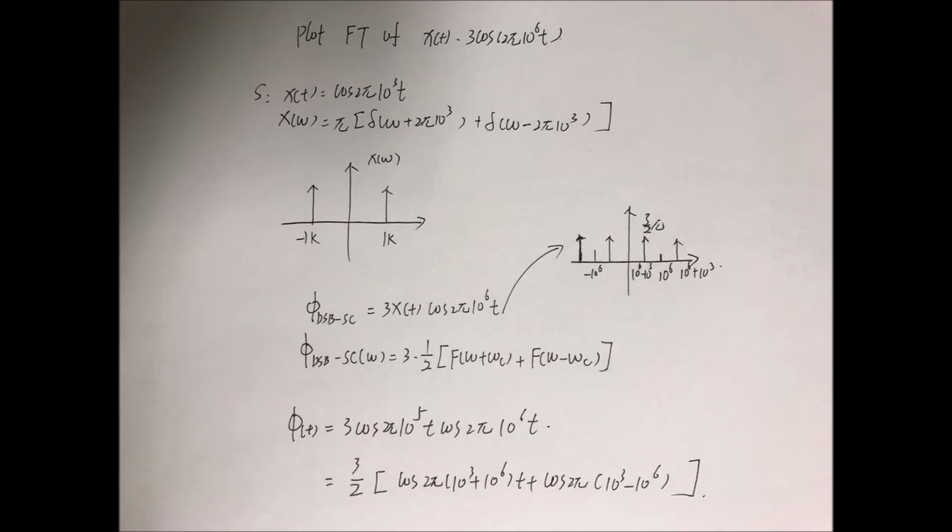And this is 10 to the 6 plus 10 to the 3rd, and this part will be 10 to the 6 minus 10 to the 3rd. So I have 2 impulses over here and another 2 impulses over there.